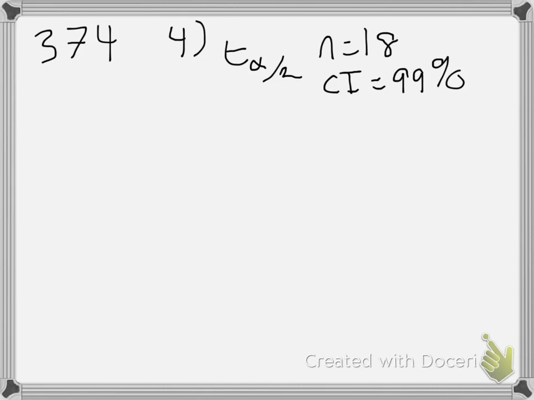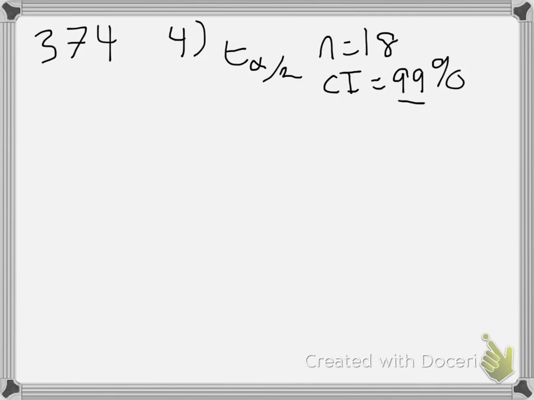So for problem 4a, if I want a confidence interval of 99%, I'm going to go over to the first, second, third, fourth, fifth, sixth, seventh, eighth, the ninth column where it says 99%. Now, n equals 18. If I look on the left-hand side where it says df, I go down to 18, but what do I need?